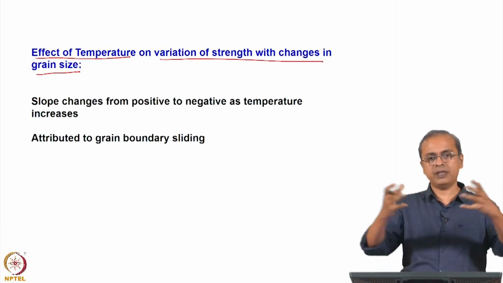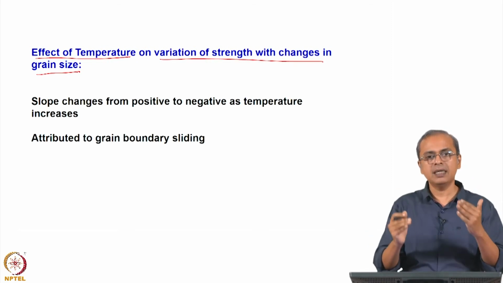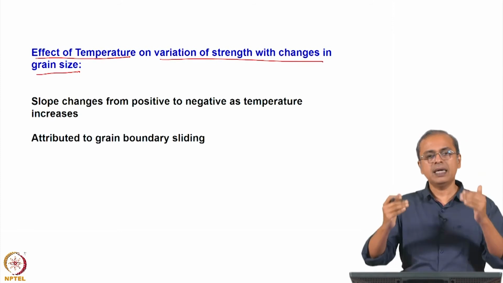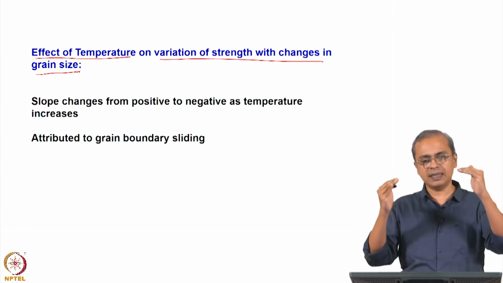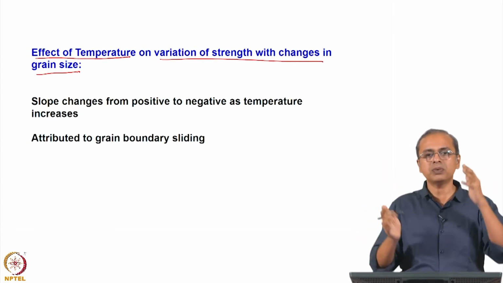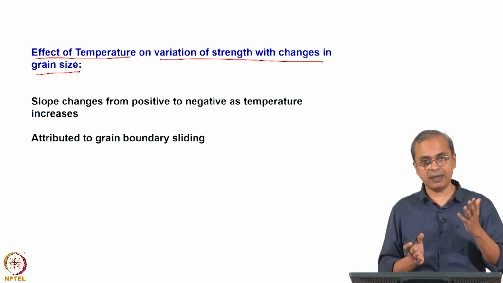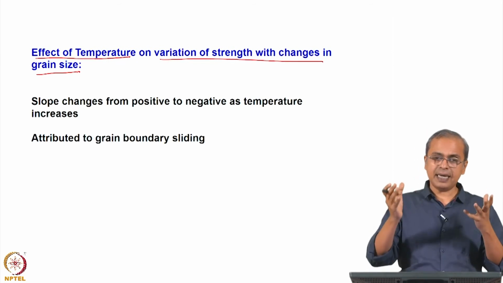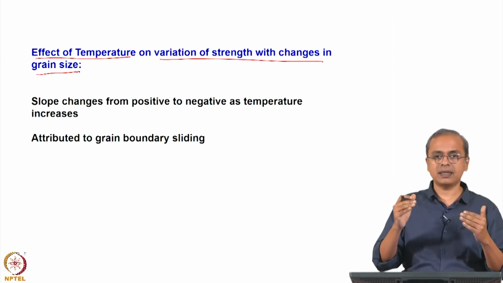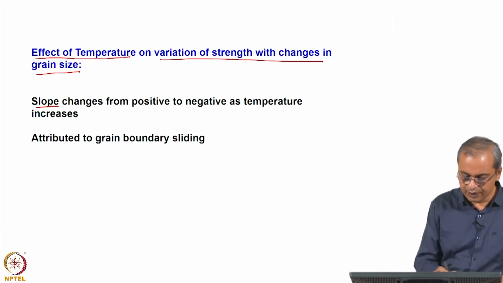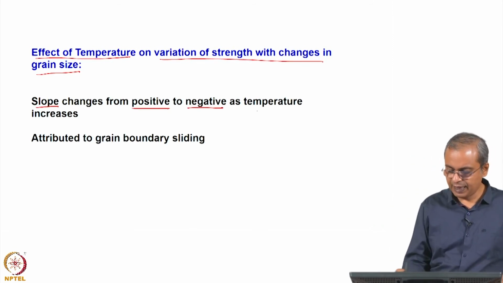So effectively it is the Hall-Petch relationship at one temperature. Then you look at the Hall-Petch relationship for the same set of samples at a higher temperature, and you keep raising the temperature. If you cross some temperature, you see that the Hall-Petch relationship inverts. At much higher temperatures, the slope changes from positive to negative as the temperature rises.